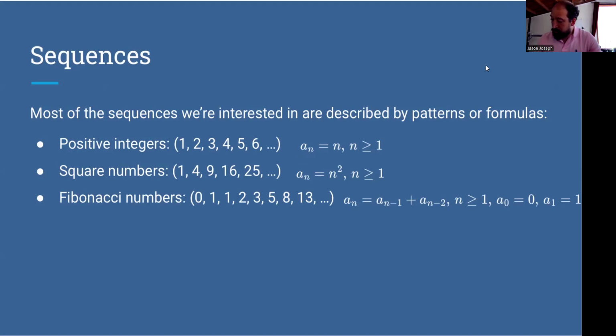Sometimes we have to be specific about where we're starting. But then this formula has all the information of the sequence itself. It tells me each term, term by term. For the Fibonacci numbers, you have to go back and add up the two previous terms to get the next one. So for that one, you need two initial pieces of data. That one's a little bit more complicated, but it's an example people have heard of sometimes.